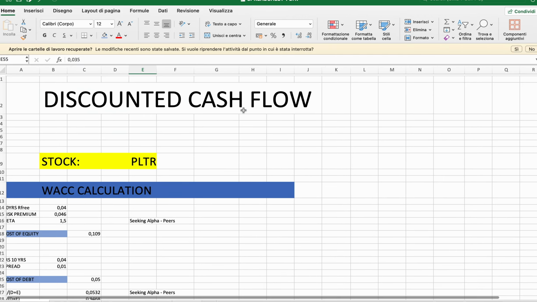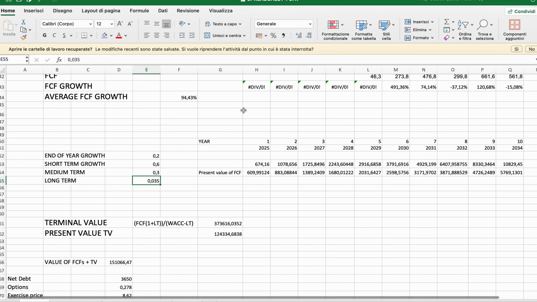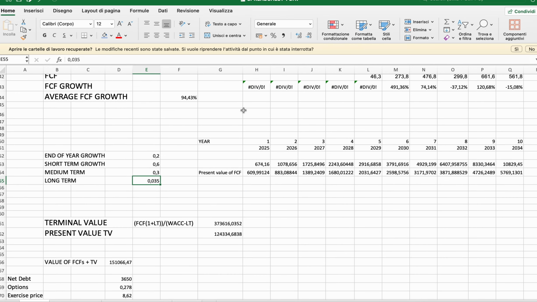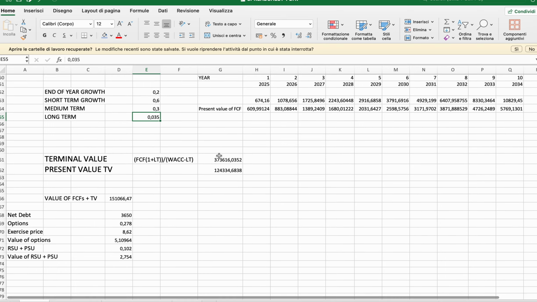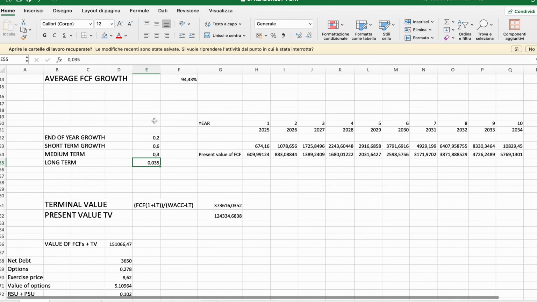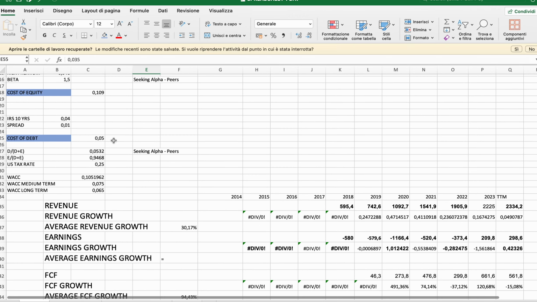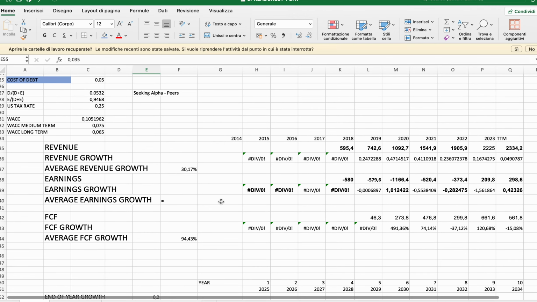So for Palantir, we have seen that in a pretty bad scenario, the fair price would be around the same price that it is today. But I think that going forward, Palantir will consolidate and therefore increase the margins, continue to increase the revenue, and on top of everything else, reduce its cost of capital.